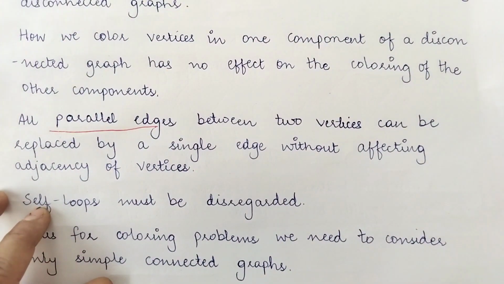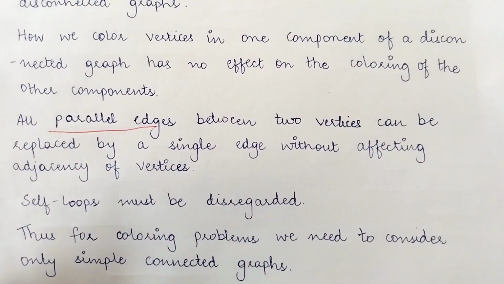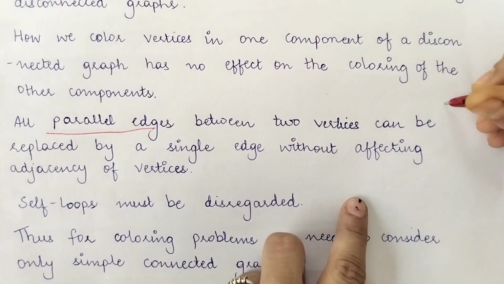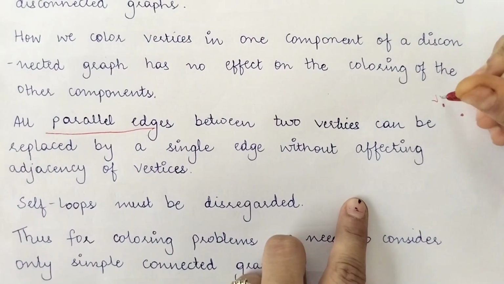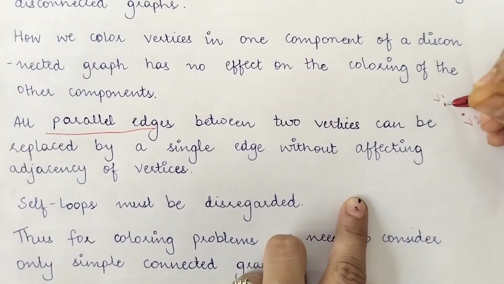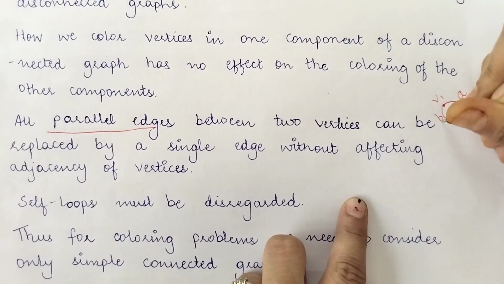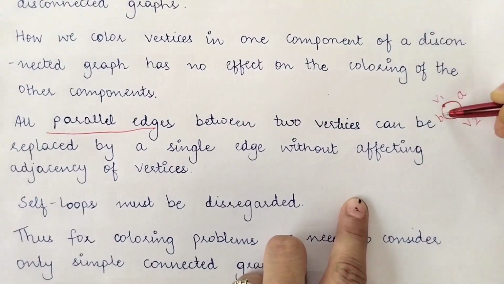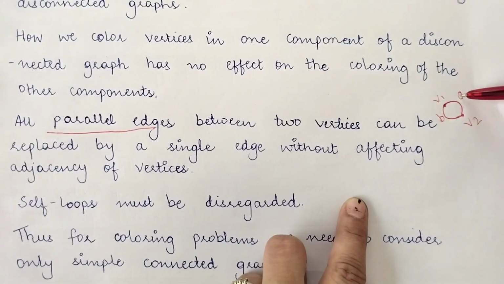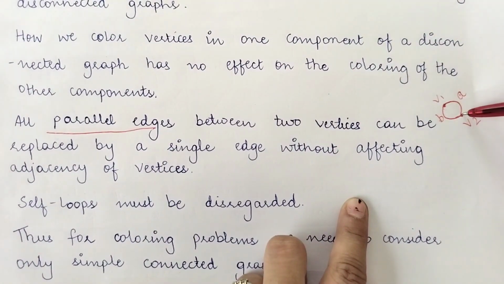For example, say you have two vertices V1 and V2. Now you have parallel edges A and B, right? Because these two edges are incident upon the same pair of vertices, A and B can be called parallel edges. Now V1 and V2 are adjacent to each other.